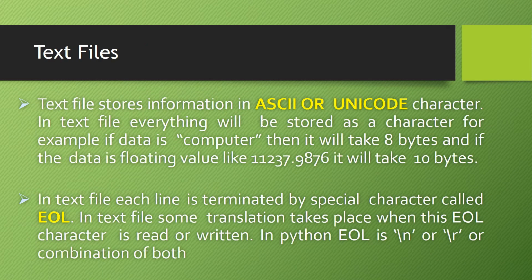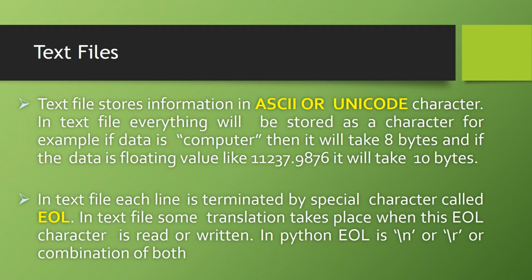Now we'll study what you mean by a text file. A text file is a file whose contents can be viewed using a text editor, that is a notepad or a wordpad, and it contains information in form of ASCII or Unicode.